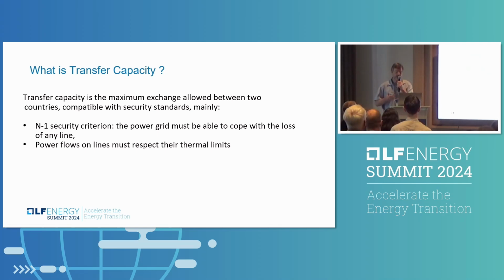This criterion says that the power grid must be able to cope with the loss of any line. And the second rule is, of course, that power flows on every line must respect their thermal limit. We cannot transmit infinite power on lines. We have thermal limits.